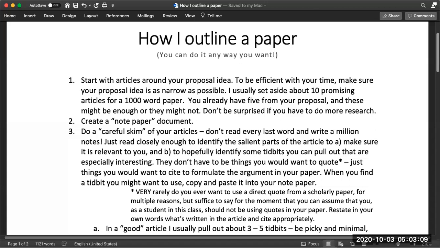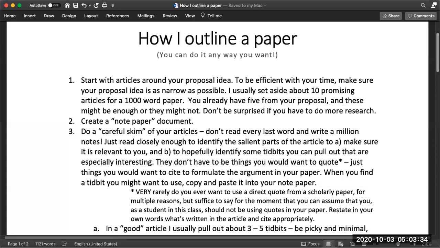That doesn't necessarily mean that you have to make it more narrow, but in the amount of space that you have, so in a 1,000-word paper, if your proposal is not narrow enough, you're really going to struggle to do your topic justice. So it's really best to have as narrow an idea as possible.